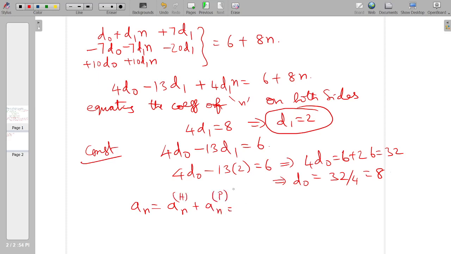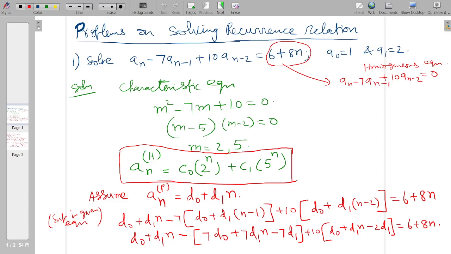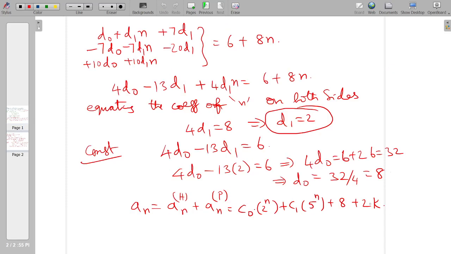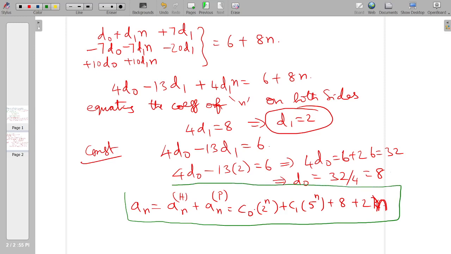And now when you look at this a_n, you have c0 into 2 power n plus c1 into 5 power n, and d0 is 8 and d1 is 2, because we have assumed the particular solution as d0 plus d1 n. So this will be the solution for the given recurrence relation.